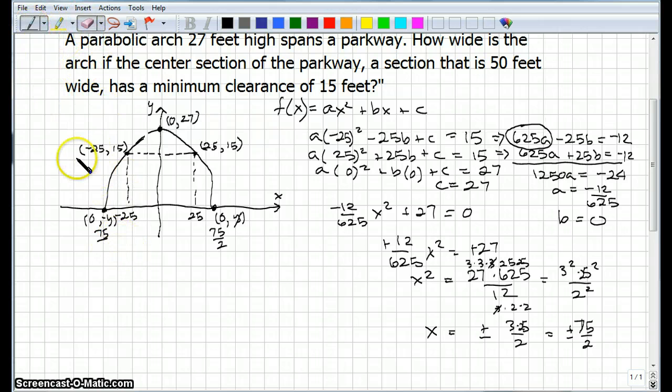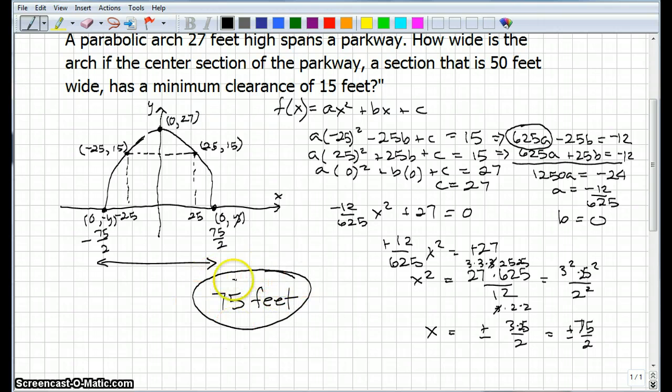If we double that, to find the whole width across here, where it intersects the ground, the x-axis, it's just 75. So the parabola is 75 feet wide. So there you go. Hopefully we'll hear from you soon. Hopefully that helps.